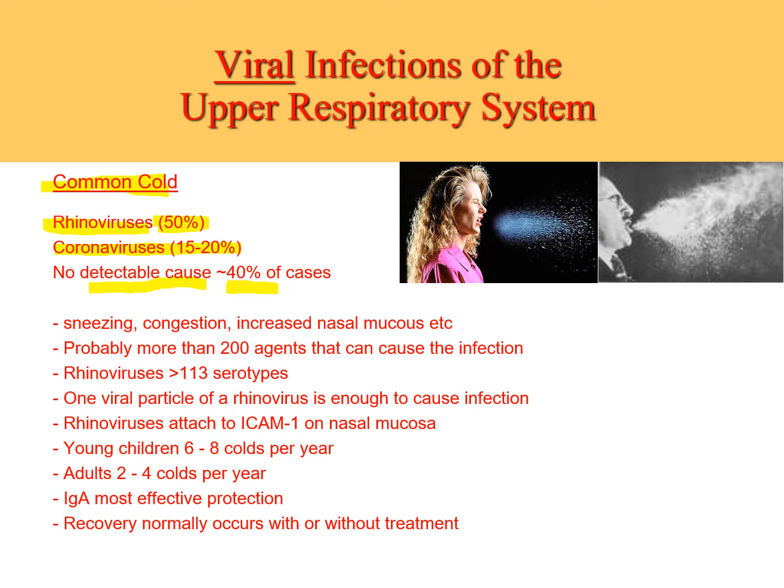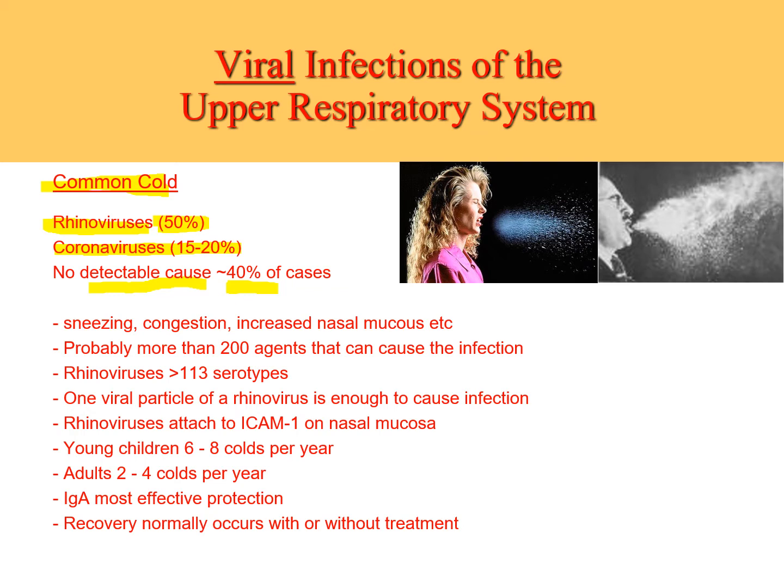Sneezing and congestion and increased nasal mucus secretions accompany these kind of infections, and actually help with spreading them. They're spread typically by inhalation of small droplets that people release.